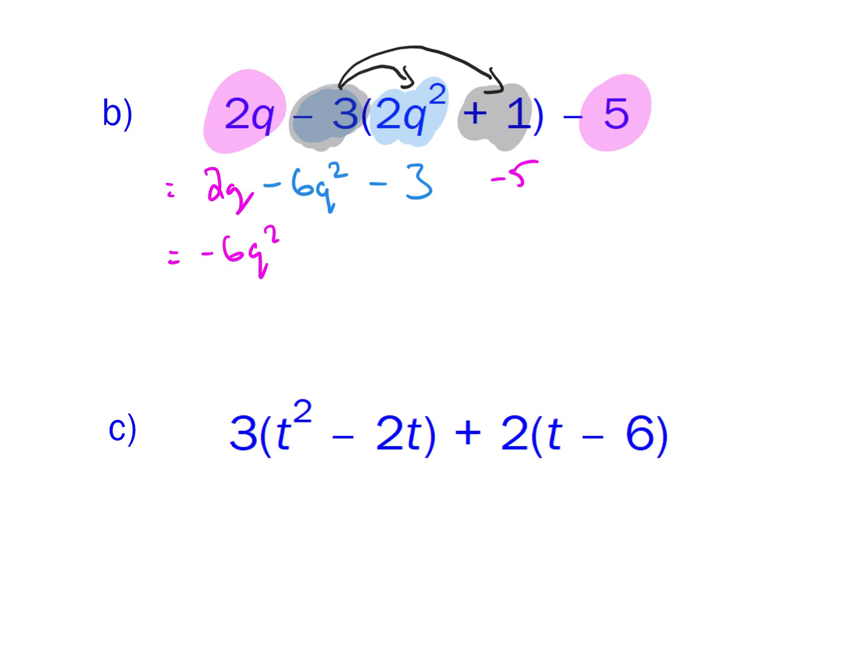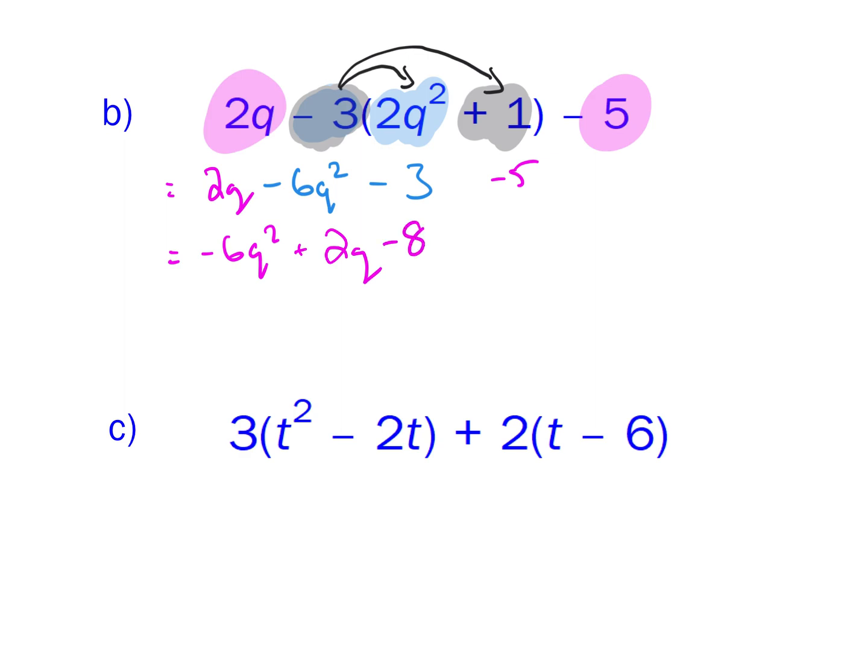It's negative 6q squared. Likewise, for the 2q. The 2q is 2q. There's nothing to combine it with. But the last two terms that we haven't chatted about quite yet are the negative 3 and the negative 5. They can be put together to give us what? Very good. And there you go.